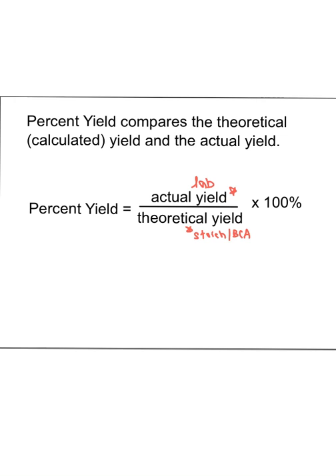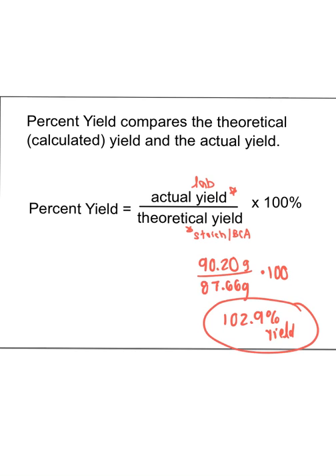So in our case, my actual yield, when I snuck into Legend in the lab, was 90.20 grams. My theoretical was what we calculated, 87.66 grams. We're going to times that by 100 to make it a percent, and I got 102.9% yield. Interesting. That means I made more than I was supposed to.